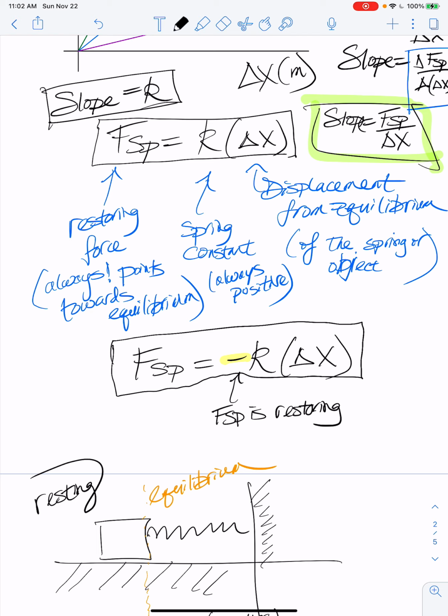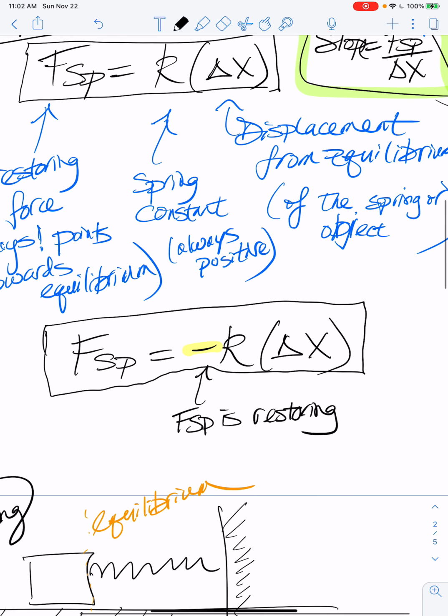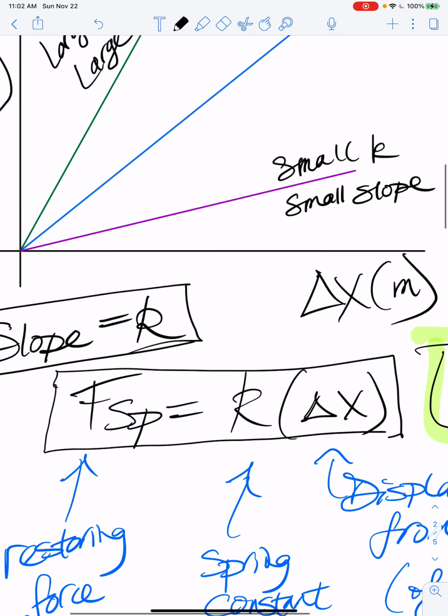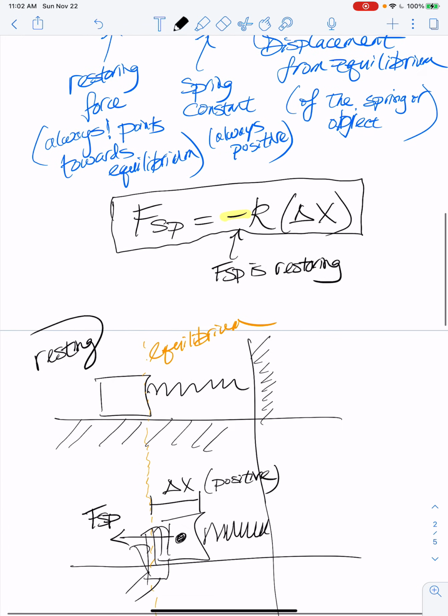It gives us a sign for delta x and allows us to see that in a mathematical representation. But on the AP test, I think on the formula sheet, they just give you force spring equals k delta x, and you just have to realize that it always points towards equilibrium. Force spring does. All right, so there we have it.